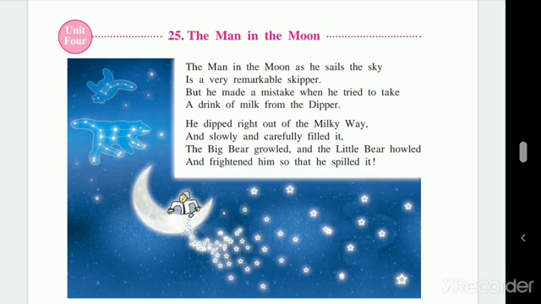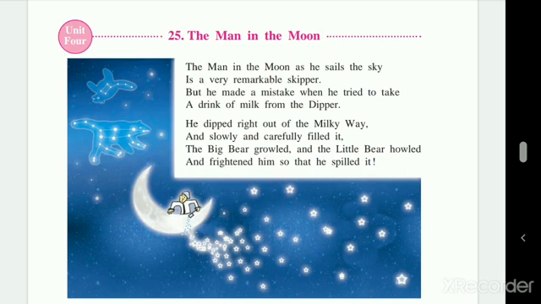Next stanza: He dipped right out of the Milky Way and slowly and carefully filled it. He dipped means he put his container in to take out the milk from the Milky Way. He put that dipper in very slowly and carefully and filled it. But at that moment something happened. What happened? See next.